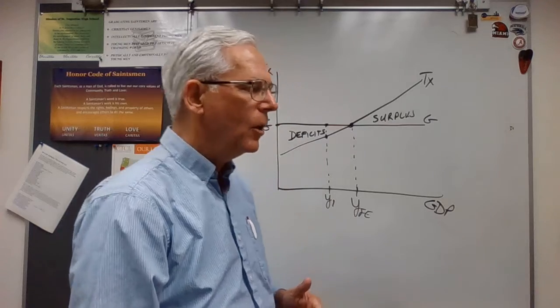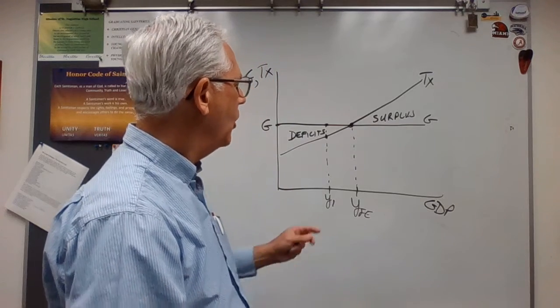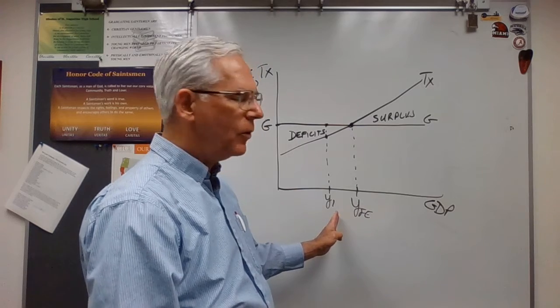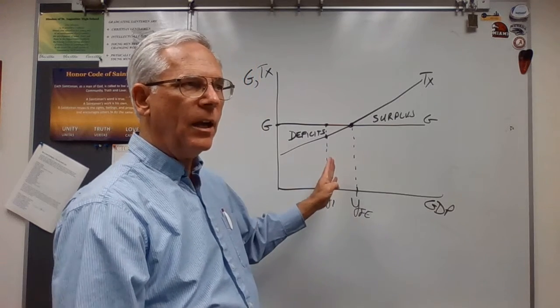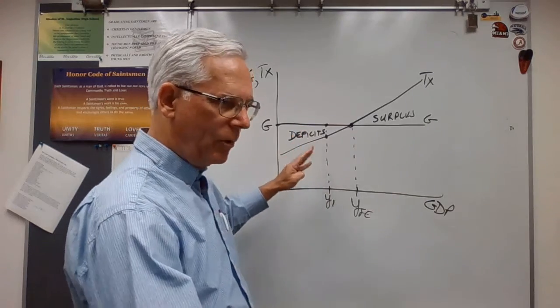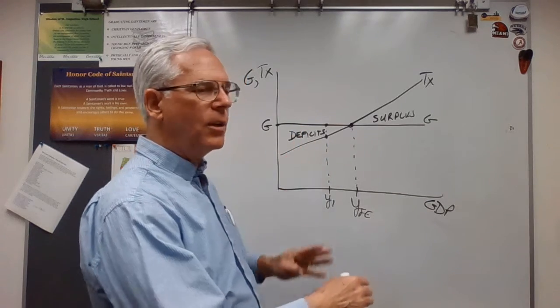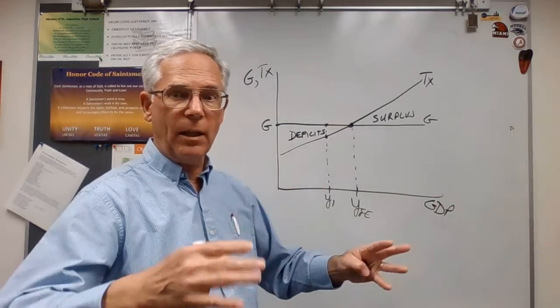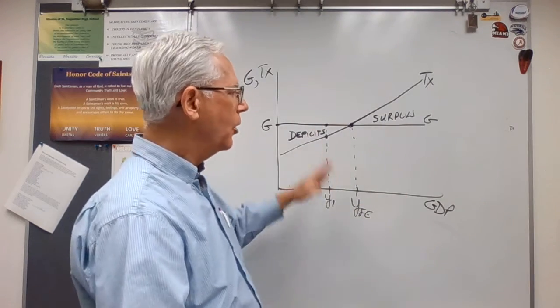So what we're saying is when we go into recession, government taxes automatically go down. Not only do tax revenues for the government go down, but the average tax rate that American taxpayers all added up pay goes down.